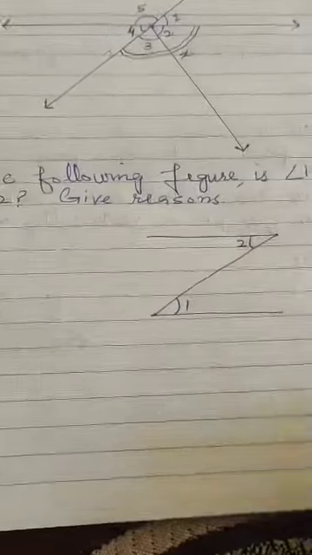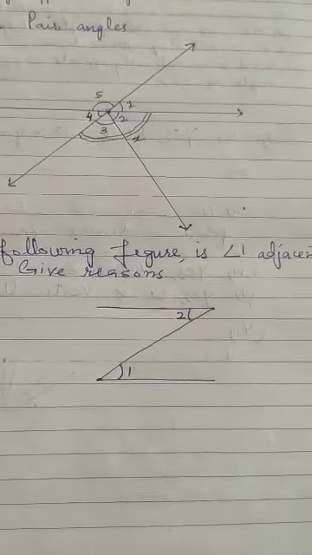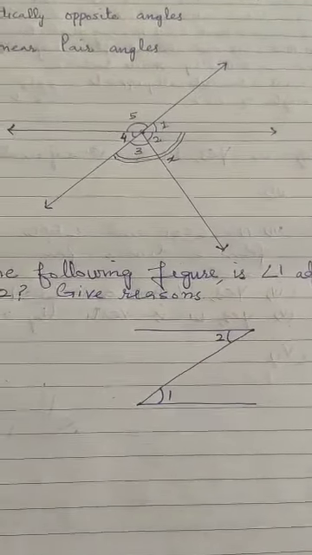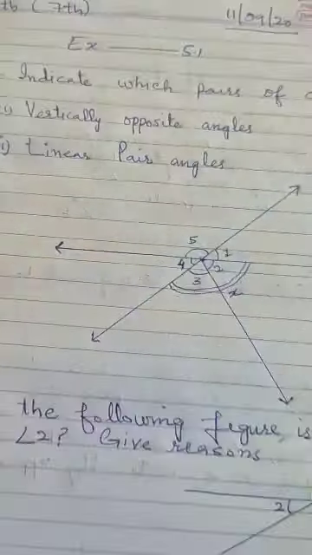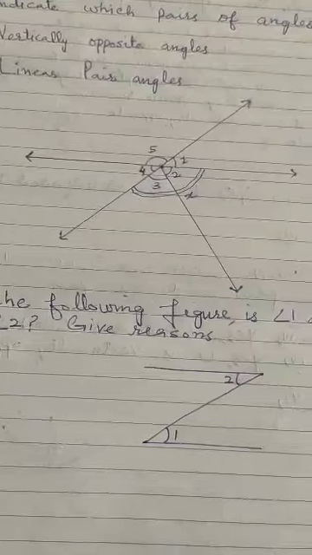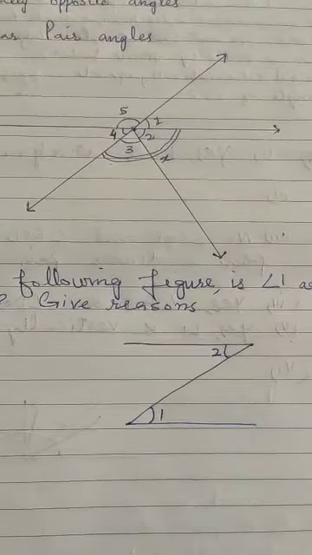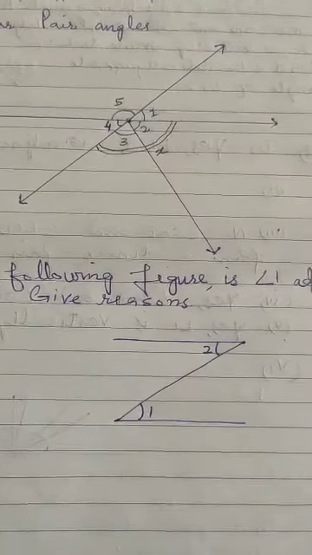Okay. Well, before we proceed, the day before yesterday we studied different types of angles, like vertically opposite angles, linear pair angles, and adjacent angles. You might be remembering that. By definition, adjacent angles are those angles which satisfy three conditions.